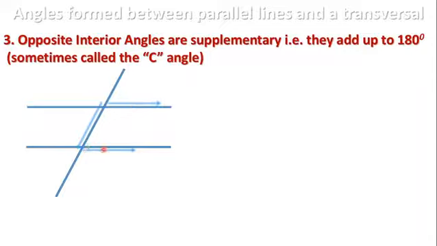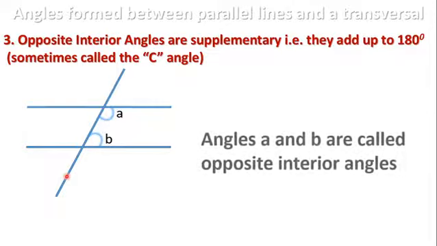Okay, so it means that the angle formed here and the angle formed here are opposite interior angles. You know, the meaning of interior means the one that is within, that is inside, and not outside. These are interior angles. The opposite interior angles are supplementary. So it means that if we label this one A and this one B, adding A and B together will give us 180 degrees.